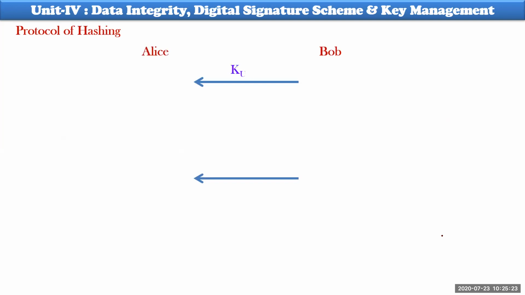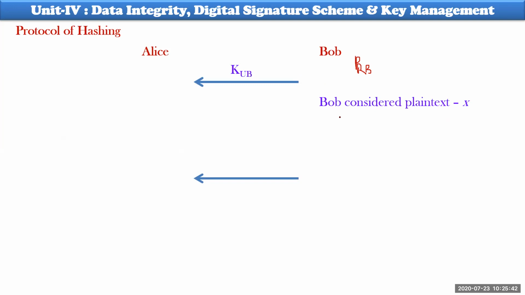Alice and Bob are doing their business something like this. Bob prepares his private key and public key, and there are algorithms to prepare the private key and public key. This public key can be sent to Alice.